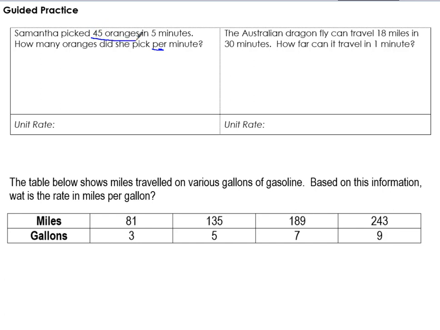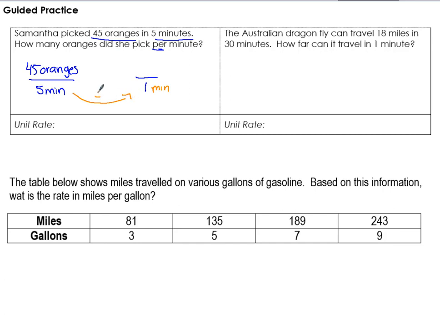So 45 oranges in 5 minutes. So we have 45 oranges over 5 minutes. I want to know how many oranges did she pick per minute. So that's a 1. Oh, I forgot to label. 1 minute. There you go.